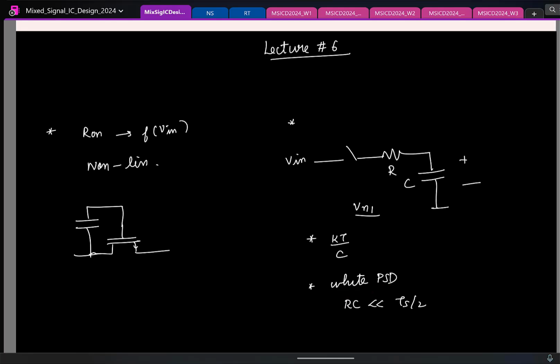Cool. So these are the major non-idealities with the on portion of the switch. Now it turns out even when the transistor is off, we can have some issues. So ideally, if the transistor is off, how do you want this to behave when the switch is off? Open circuit. But it turns out in practice, when the transistor is off, you can have a small off capacitance.